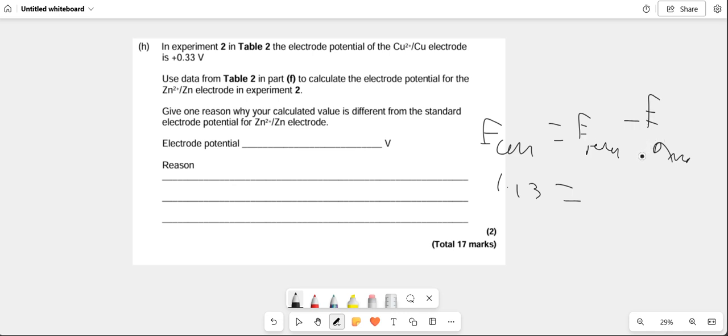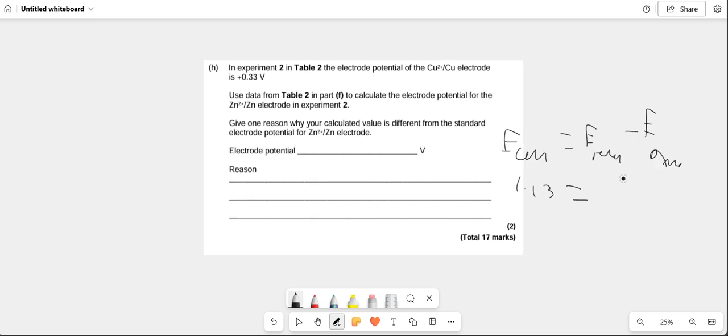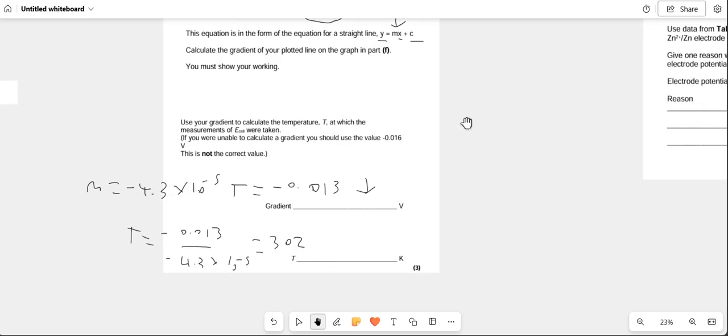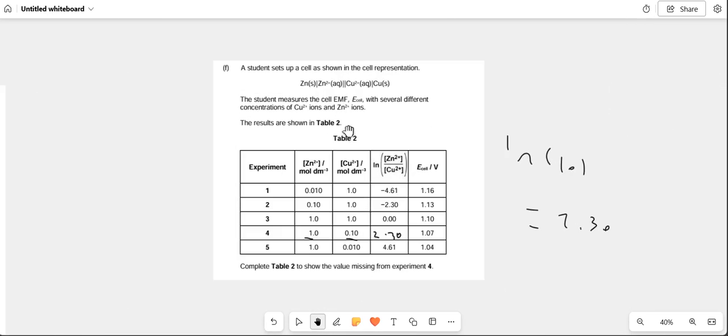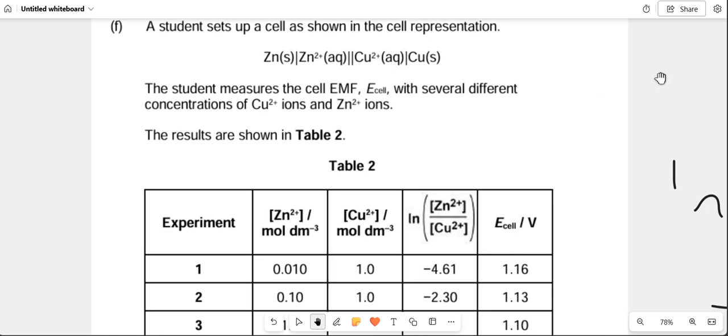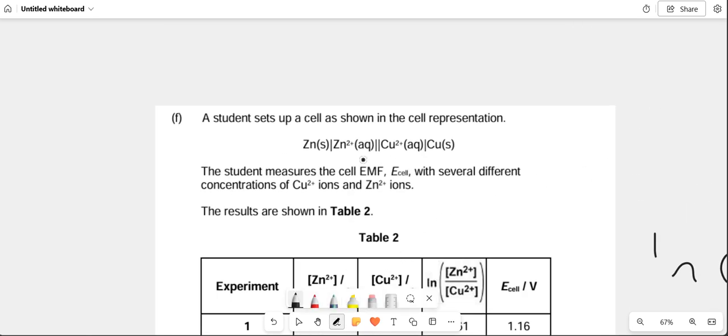So which one's reduced, which one's oxidized? Cu2+ to Cu is going to be the reduced one. The reason you know that's going to be reduced is because you can look back at this cell representation, and always the one that's reduced is the one on the right, and the one that's oxidized is on the left.